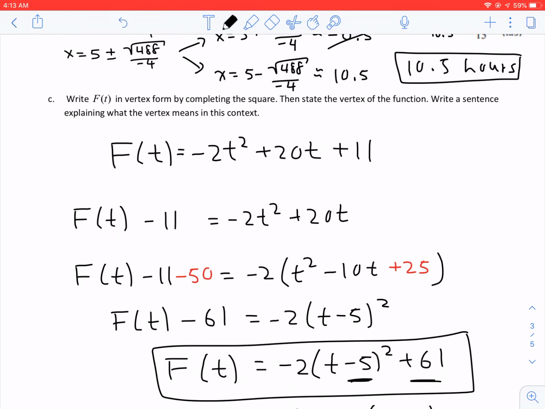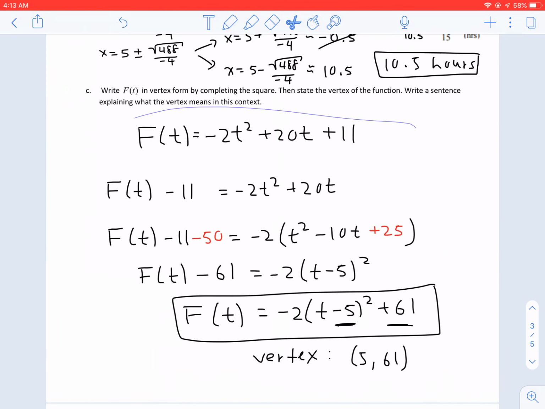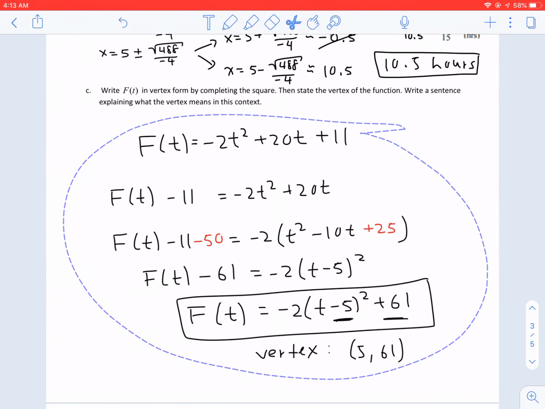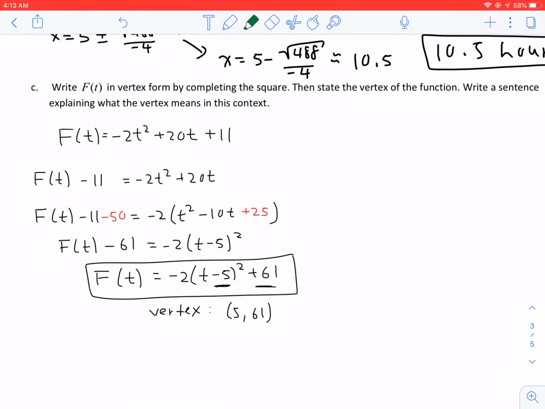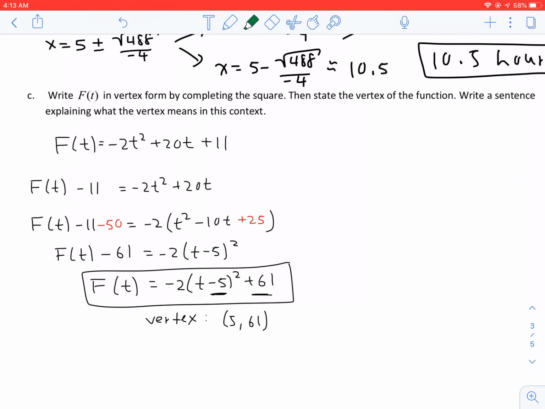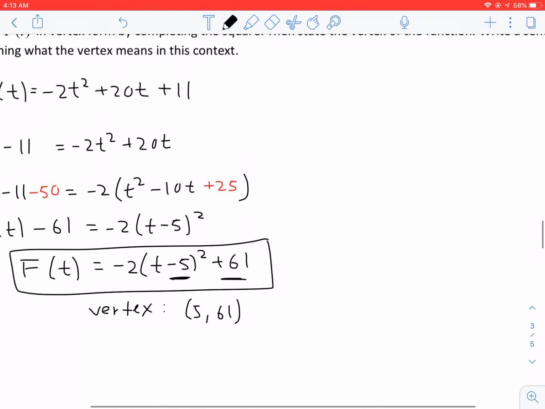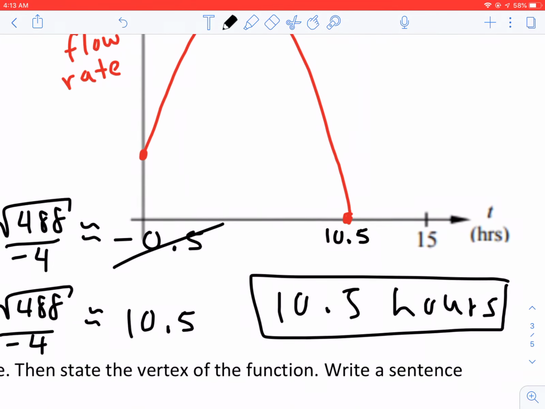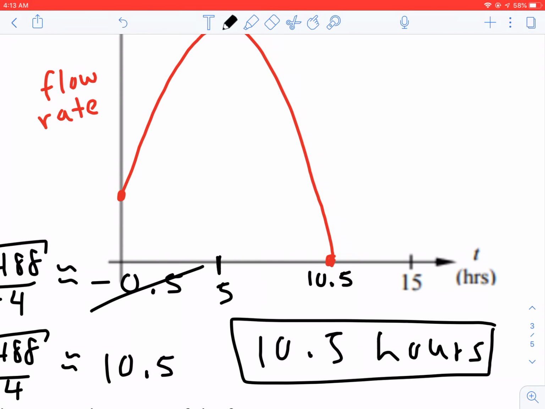So we did the first two parts. We found the vertex by completing the square, and then we stated the vertex of a function. Last is write a sentence explaining what the vertex means in this context. So this is x, that's y. So let's take a look at our axes again, and let's see what that means. So it means after 5, well, 5 what? After 5 hours, right?